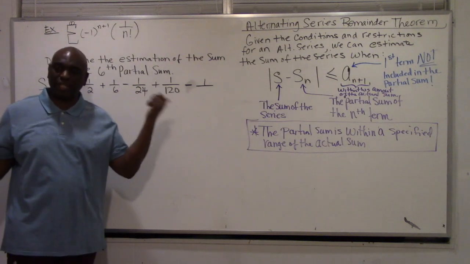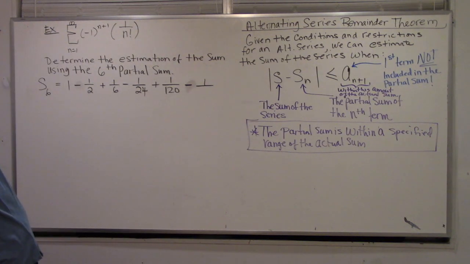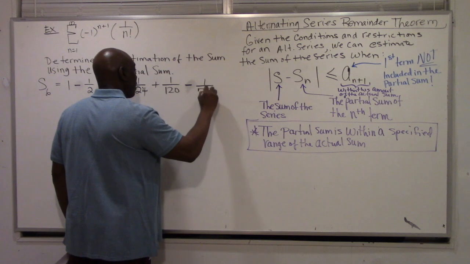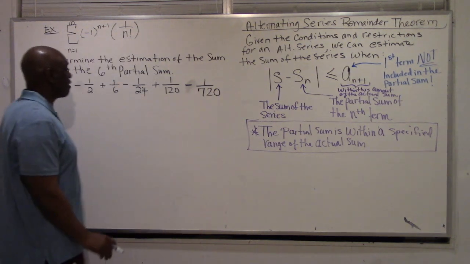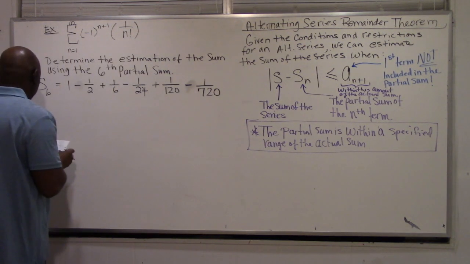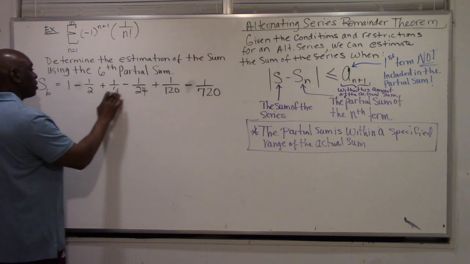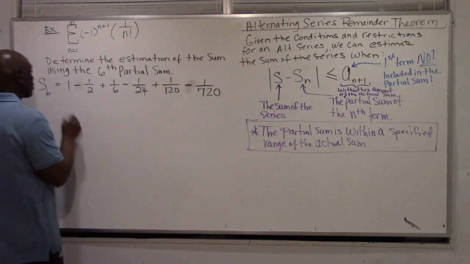What is 6 factorial? Need a calculator. 6 factorial is 720. Alright, so I have my first 6 terms. Term 1, 2, 3, 4, 5, 6.